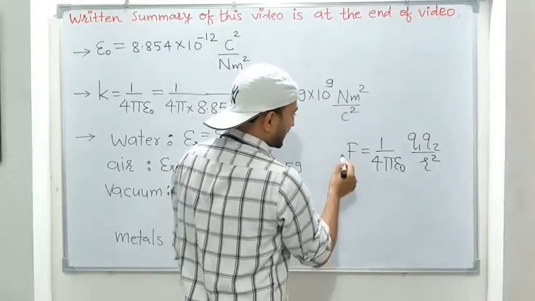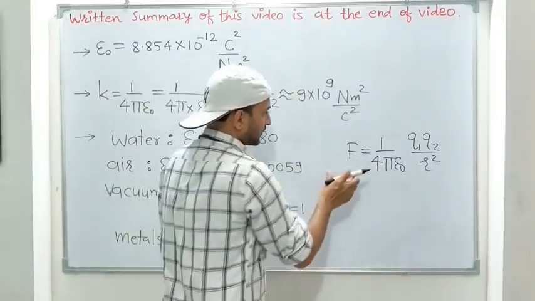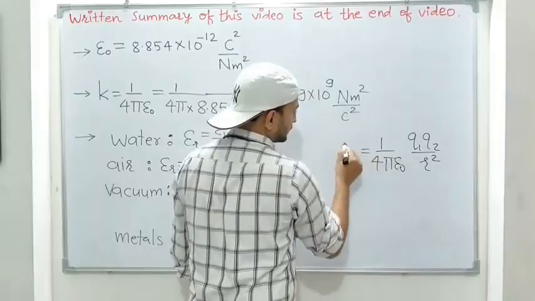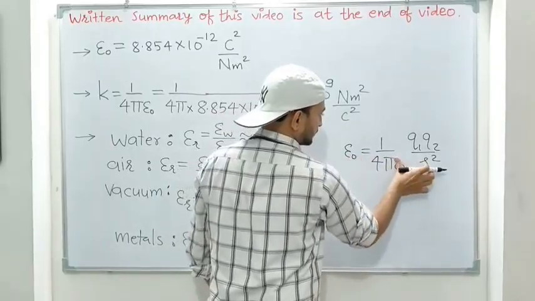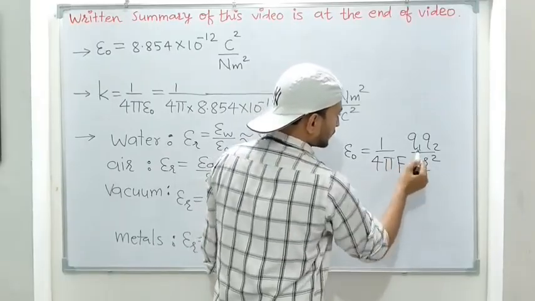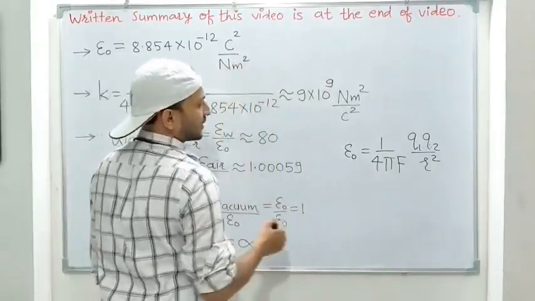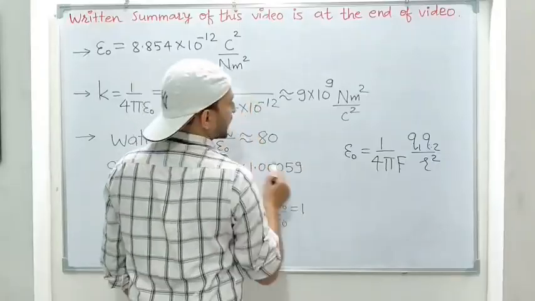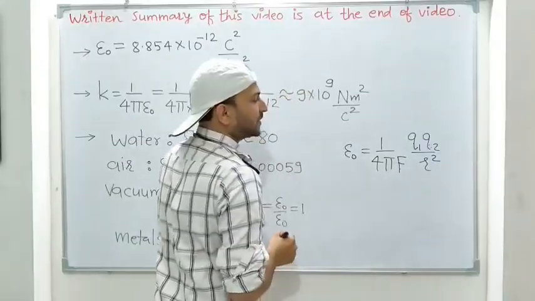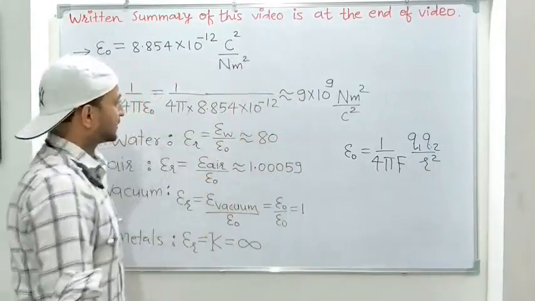Now, if we exchange F and epsilon 0, then Q1 Q2, Coulomb into Coulomb, Coulomb square. Force is Newton. R is the distance between two charges, so R square is meter square.